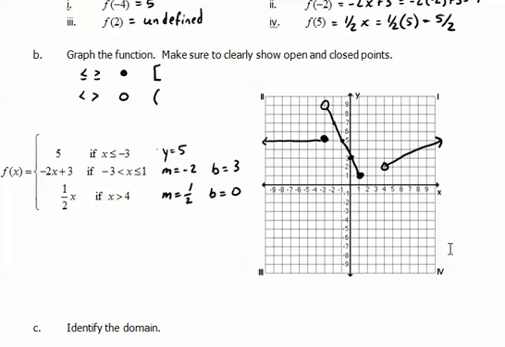Notice when you look at your function, it will always pass the vertical line test. There should never be points that overlap like this. This would be wrong, and you would go back and erase.